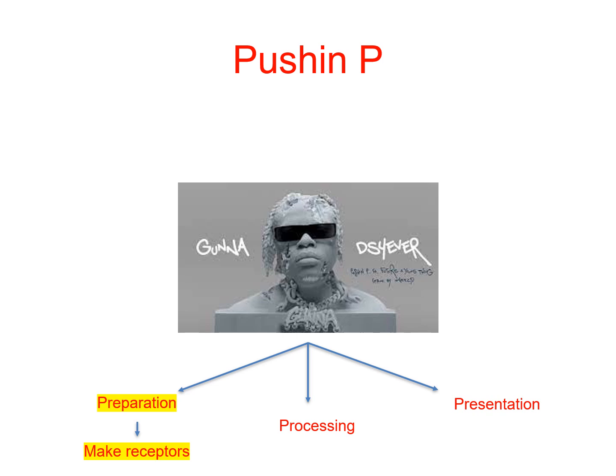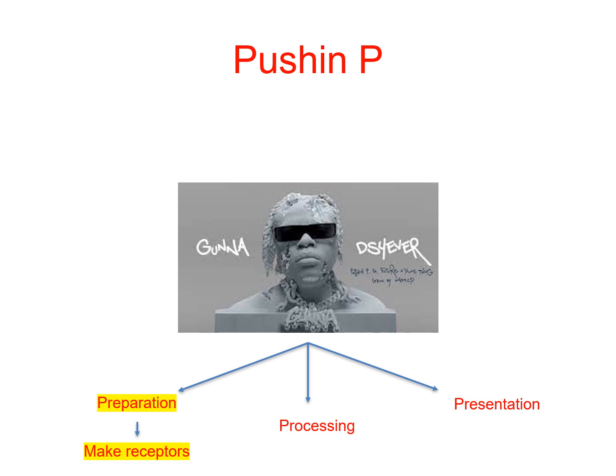To illustrate this, we're going to talk about push and pee. Push and pee is just a cool way to explain the three P's. The three P's of how the macrophage is involved is preparation, processing, and presentation. So let's start with push and pee.